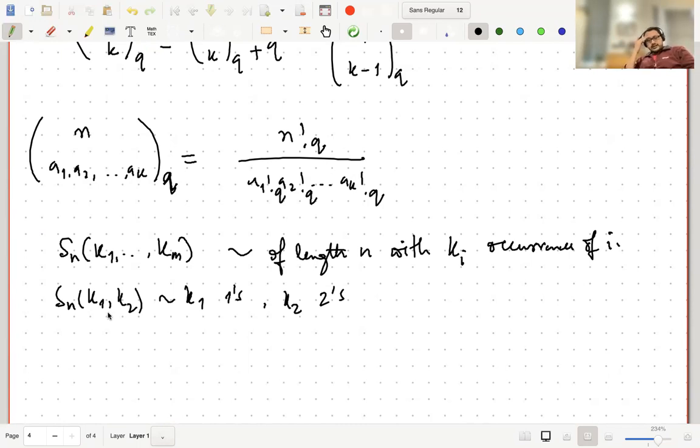In this setting, the number of inversions would be the number of pairs where 2 appears before a 1. But here we can use the normal definition of inversion that we are familiar with in terms of permutations. The only difference with permutations is that from here we can get Rodriguez's formula, because in permutations all of these ki's will be equal to 1.